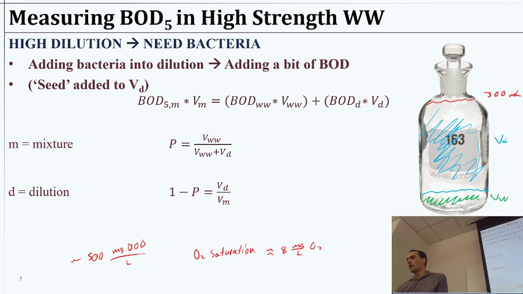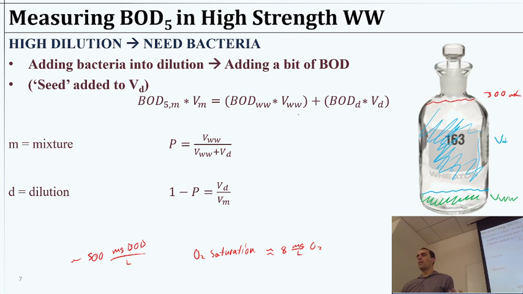I'm just drawing it as top, middle, bottom, just as if you added one and then the next, and that makes a total. They're going to mix, right? It's not actually layers like that. But just as a visualization, we have a little bit of wastewater, a lot of dilution water, and that makes some total. Well, that's how we ought to be thinking about it in terms of finding the BOD in the wastewater.